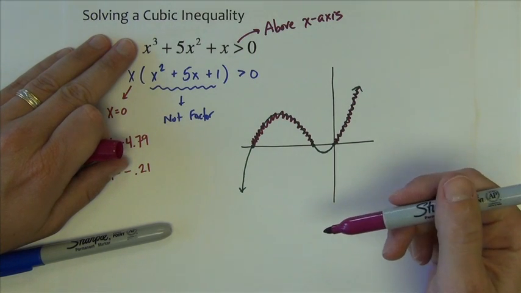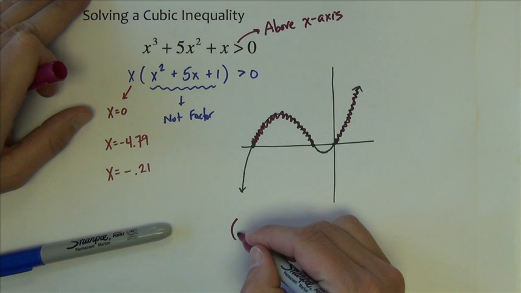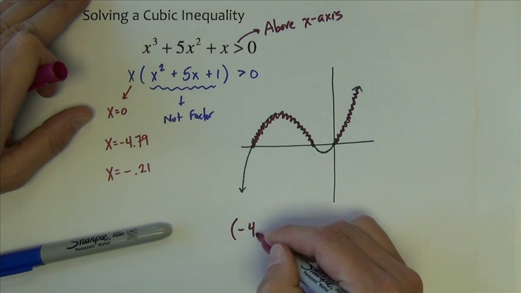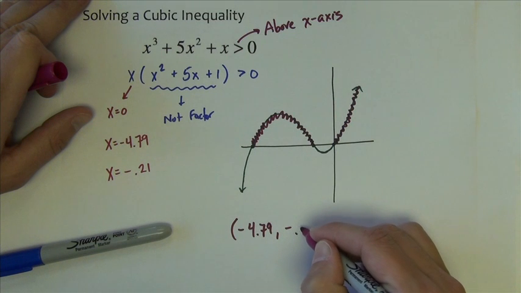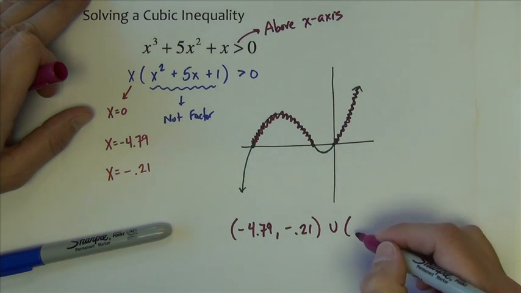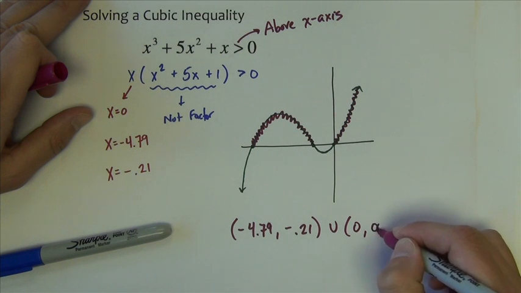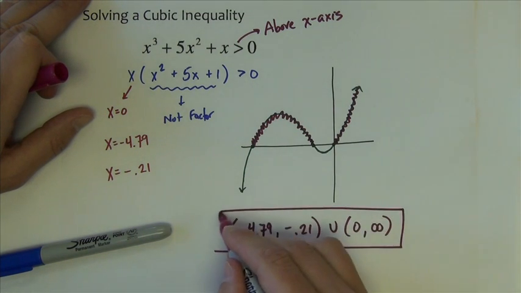I need to write those two solutions. So it is above the x-axis between negative 4.79 and negative 0.21. Also from 0 to infinity.